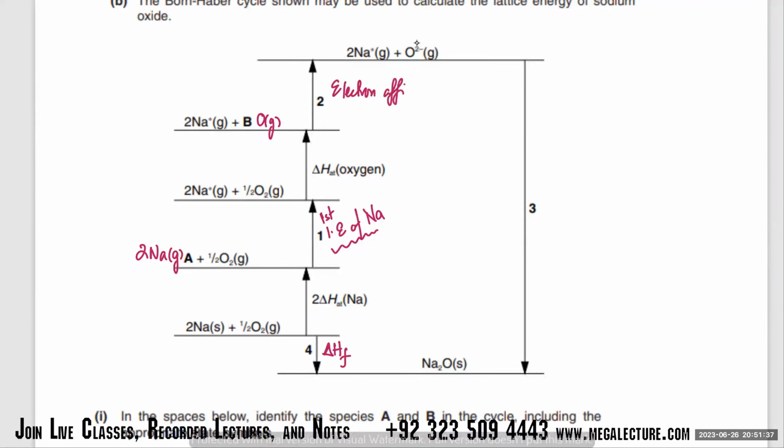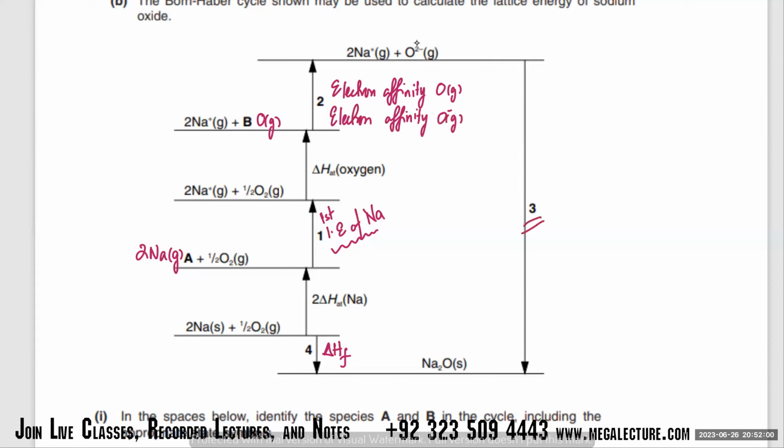You can either call it the first and second electron affinity, or the electron affinity of oxygen. Firstly, oxygen gains an electron and becomes -1, then O-1 gains the second electron. So it's the electron affinity of O-1 as well.